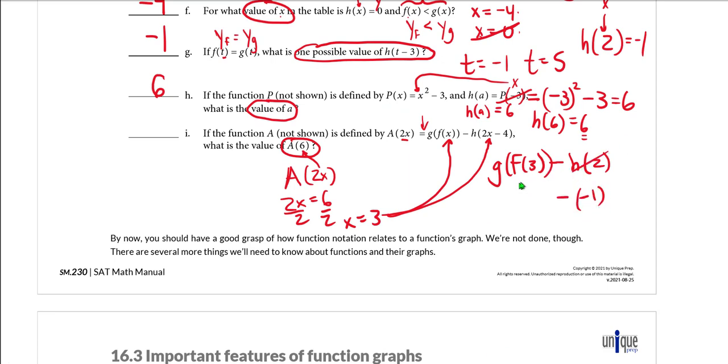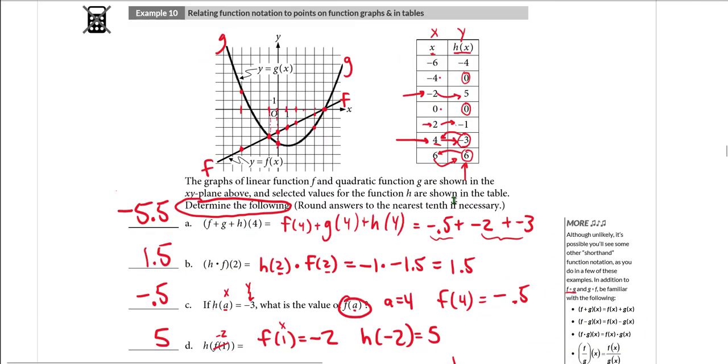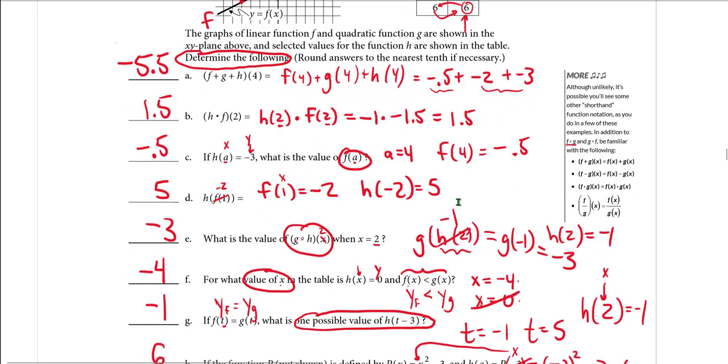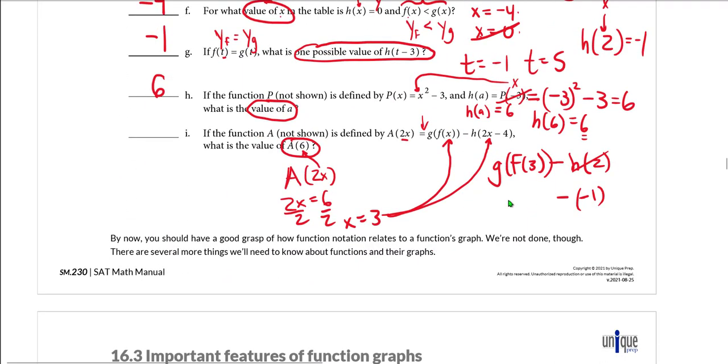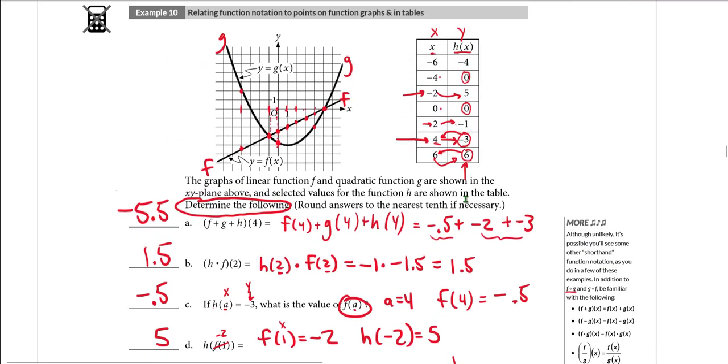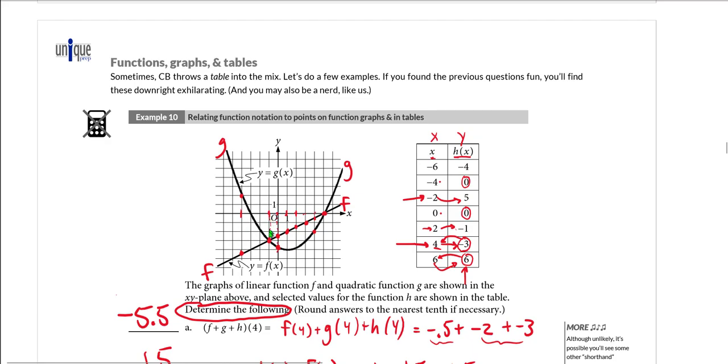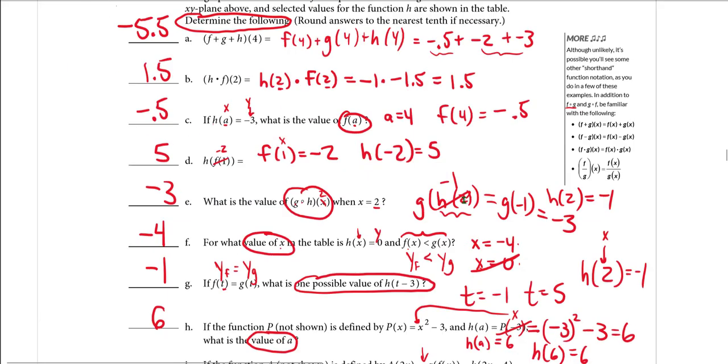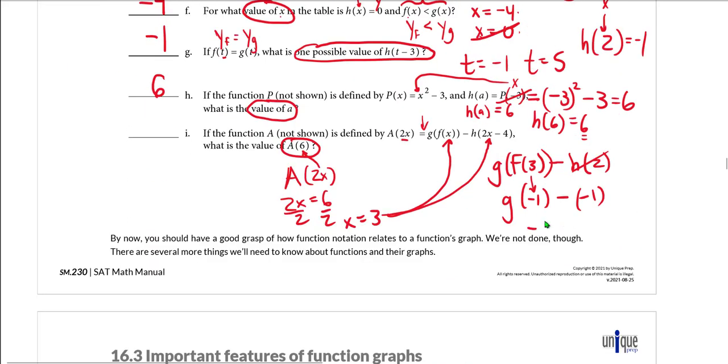F of 3, what is f of 3? So when x equals 3, 1, 2, 3, it looks like -1. So, all right, let me just do this one little step at a time. So that's g of -1 because f of 3 was -1. And then for g of -1, go to where x equals -1. So that's going to return a -3. So that is -3 minus -1, which is -3 plus 1, which is -2. So that guy is -2.